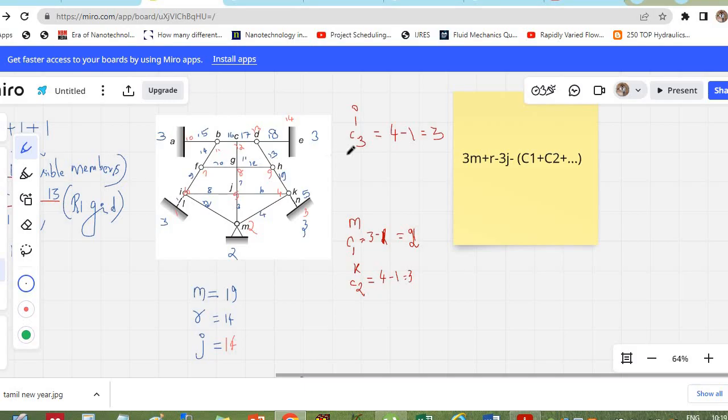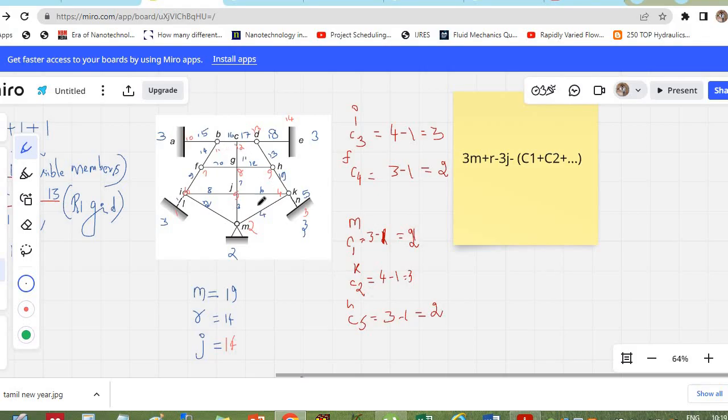Then you take the pin joint F, C4 equals, here 3 members are meeting, so 3 minus 1 equals 2. Take joint H. 3 members are meeting, so C5 equals 3 minus 1 equals 2.